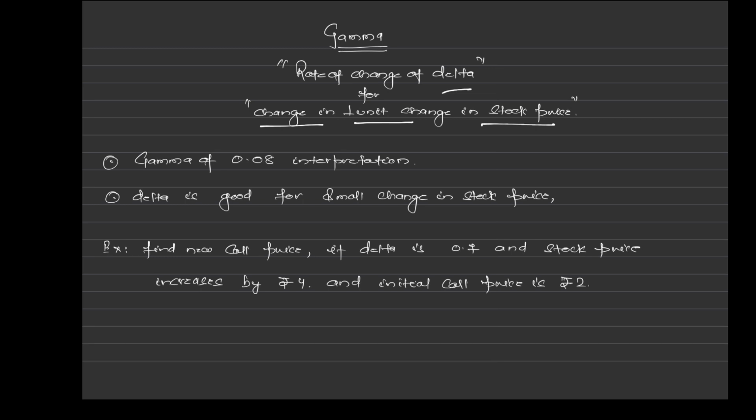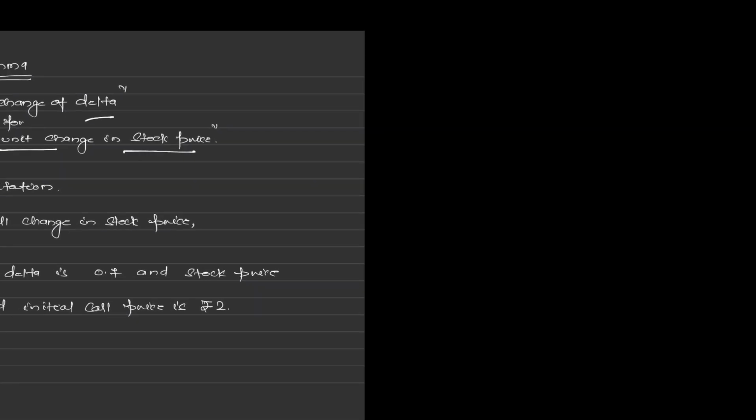Okay. Now what is the interpretation of gamma if the gamma value is given as 0.02? Assume that the delta of call is 0.4 and the gamma is given as 0.08. This means that if the stock price increases by 1 unit, definitely the delta of call will change, because we know that the delta of call changes from 0 to 1.